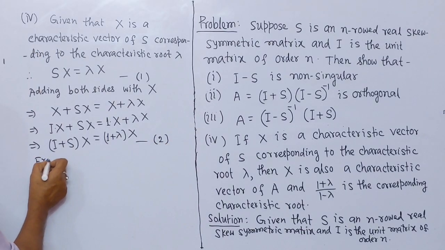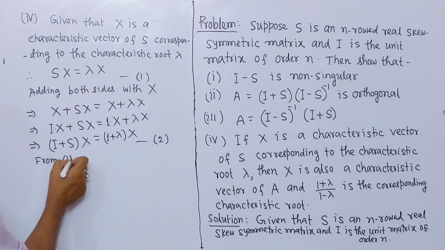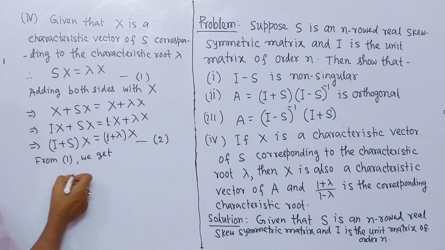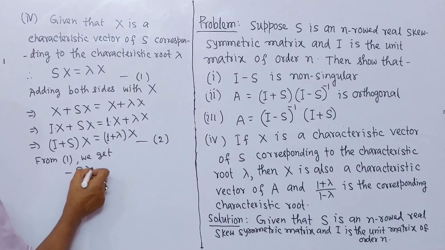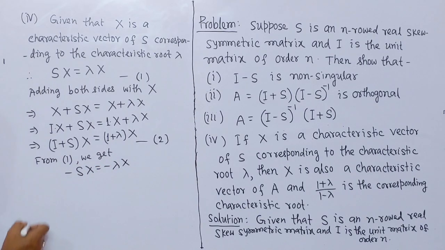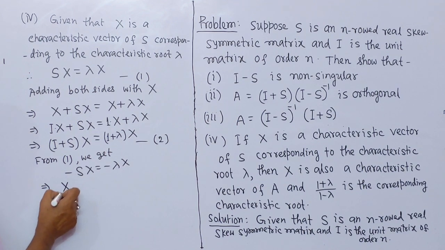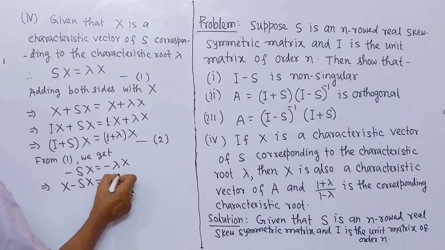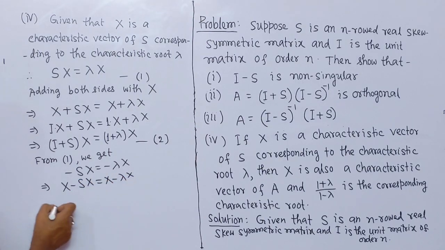From 1 we get minus Sx equals minus lambda x. It implies that adding x, x minus Sx equals x minus lambda x.